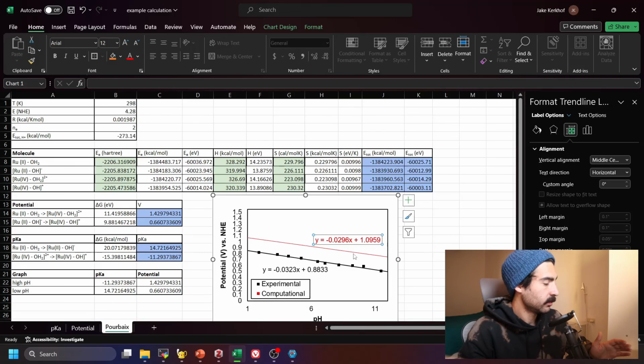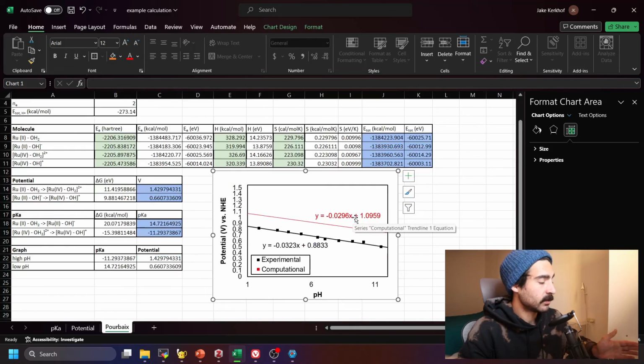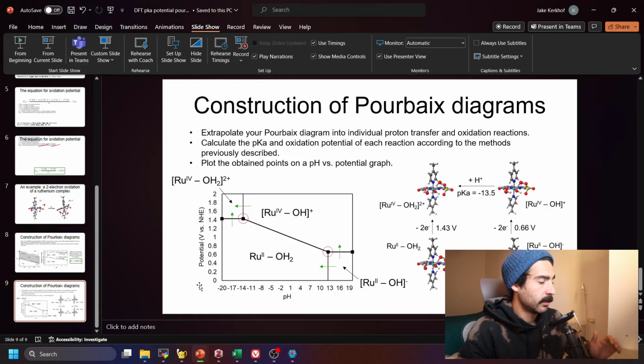But for our case, it seems to be close enough to confirm that these are the correct states for our predicted transitions on the Pourbaix diagram. So that's about it. We've got our computational Pourbaix diagram that gives us a slope of 29.6 millivolts, where each state corresponds to the predicted states of the system.